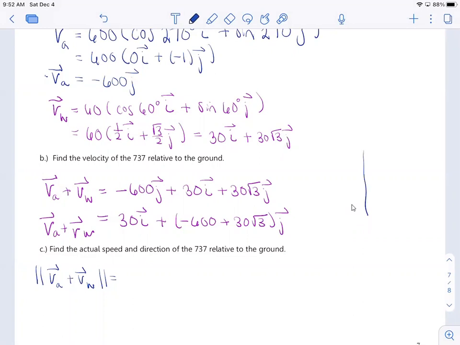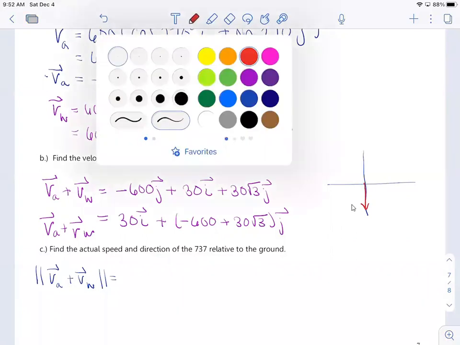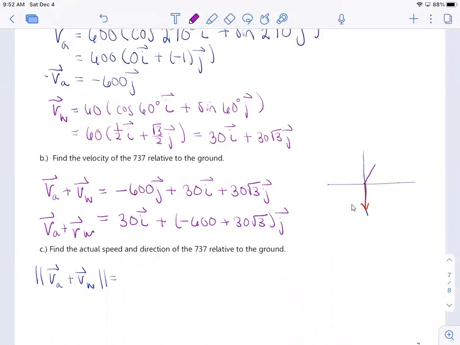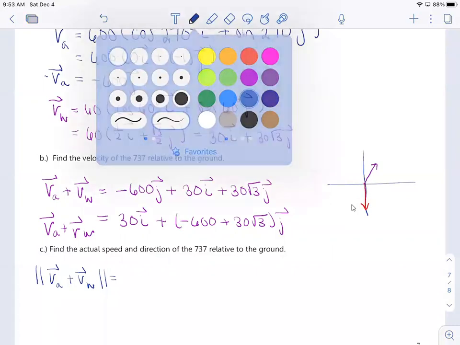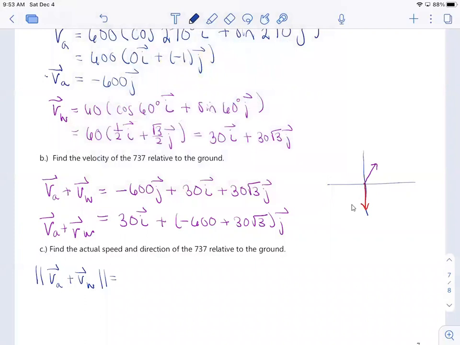So once again, let's just give ourselves what we started with. We have this is where our aircraft's going. And then we have this jet stream acting like this. Well, if we do this resultant vector, it's 30I, so it's far out here, but it's still going down negative 500. So it's like, you know, totally approximating.